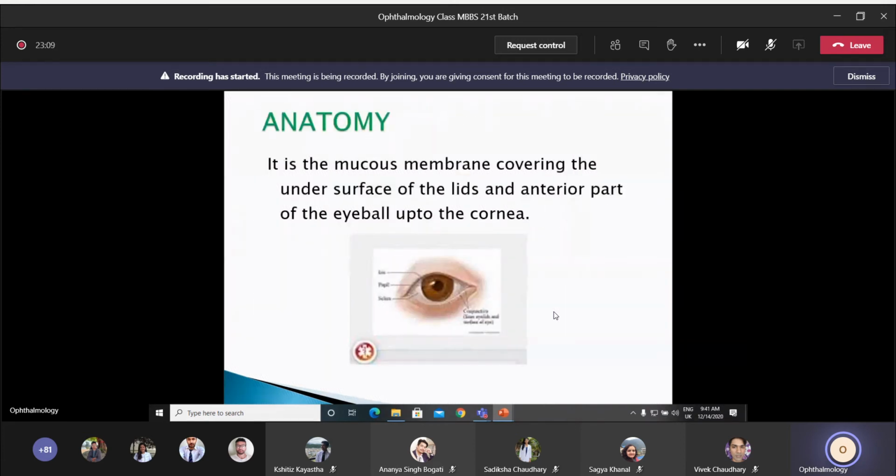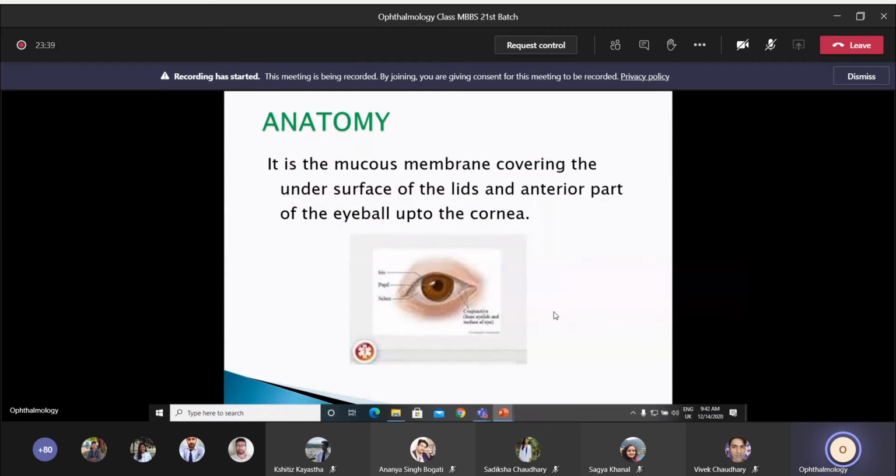Now, starting with the anatomy of the conjunctiva. As we all know, this is a mucous membrane, right? The conjunctiva is a mucous membrane which covers the undersurface of the lids and the anterior part of the eyeball up to the cornea. Basically, it lines the undersurface of the eyelids. You have already, I think, undergone your lid classes, so as we know, the innermost layer in the lid is the conjunctiva.